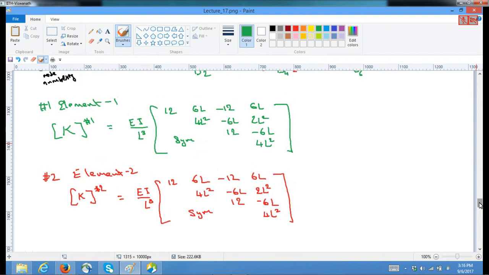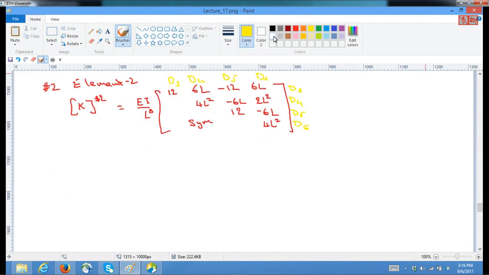Anyway, here we need to show that the stiffness here is with respect to D1, D2, D3, D4, whereas this is with respect to D3, D4, D5, and D6.